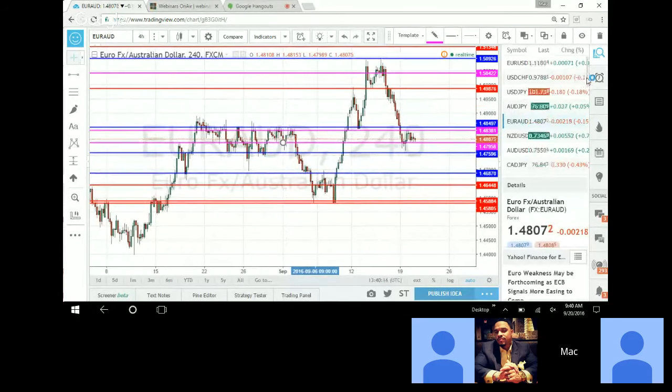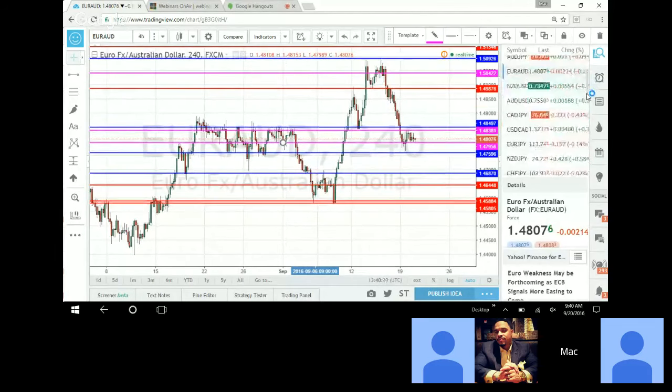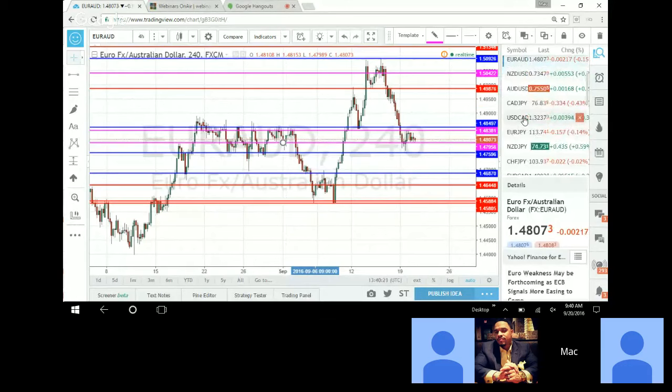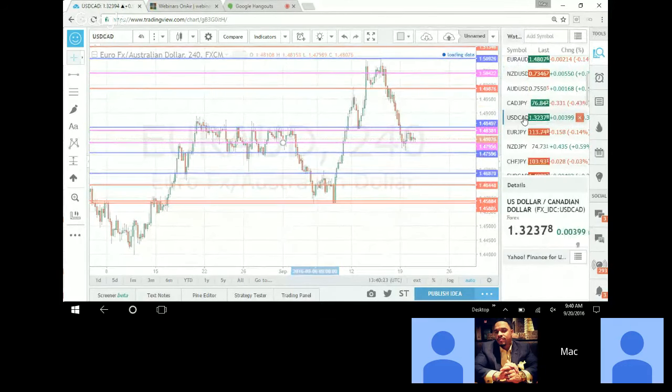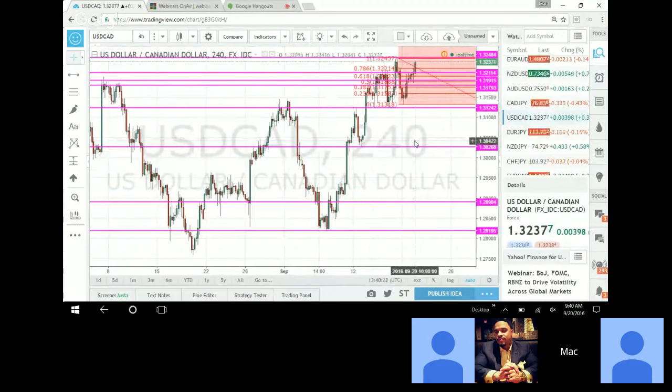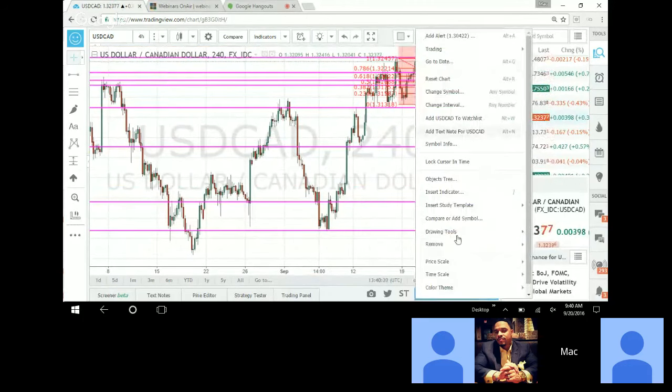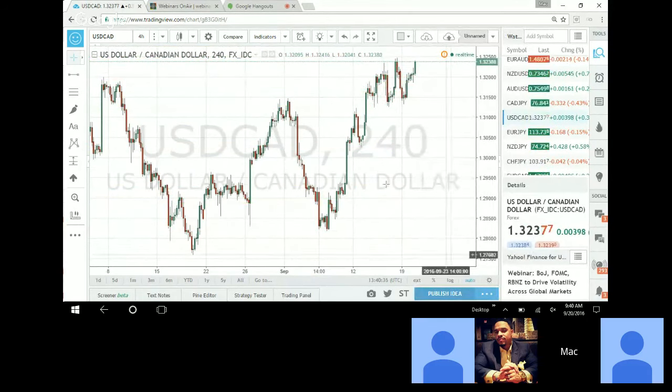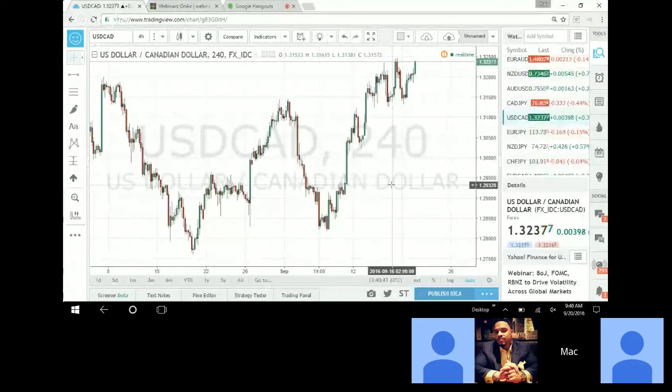USD CAD, I guess it's just been going up. So let's see what we got up here. Let me clear all this stuff. All right, this is USD CAD, and it looks like it's going back up to retest these highs.